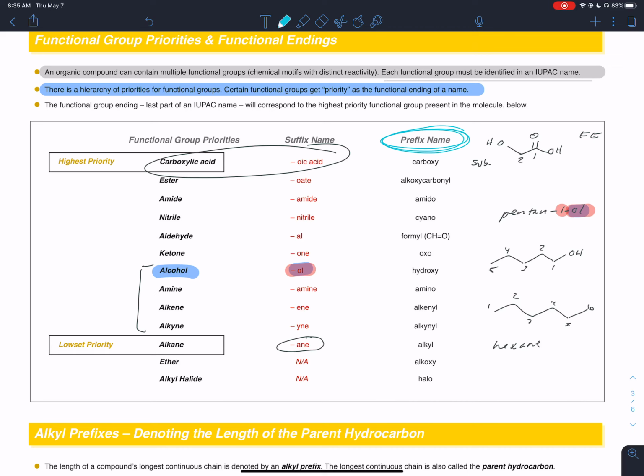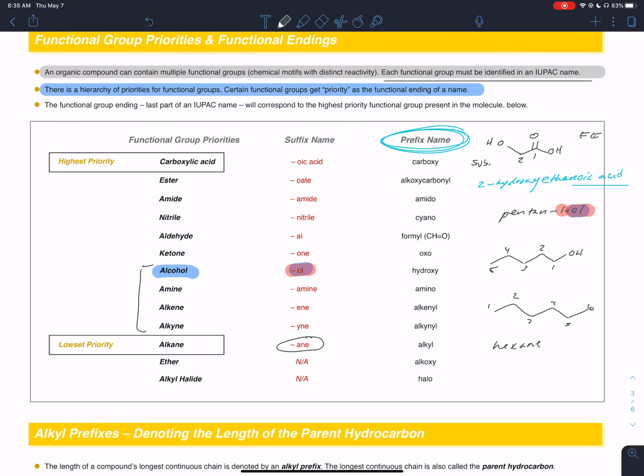So when building this name, we would say 2-hydroxyethanoic acid. And that -oic acid ending is the suffix functional group ending for the carboxylic acid because it is the highest priority. It gets that functional group ending.